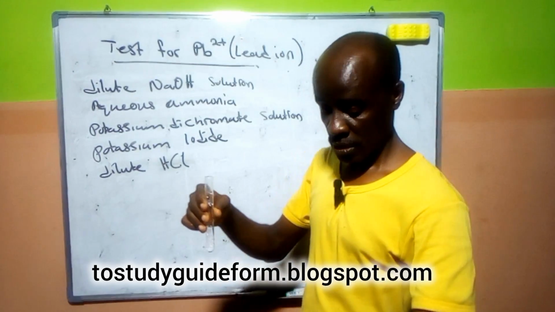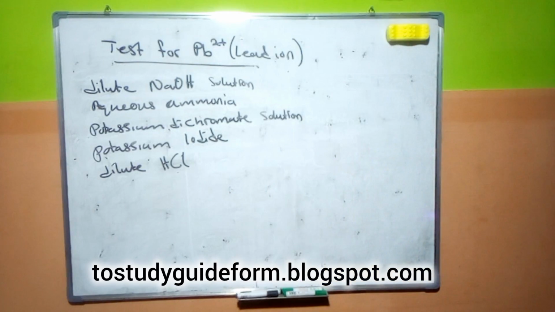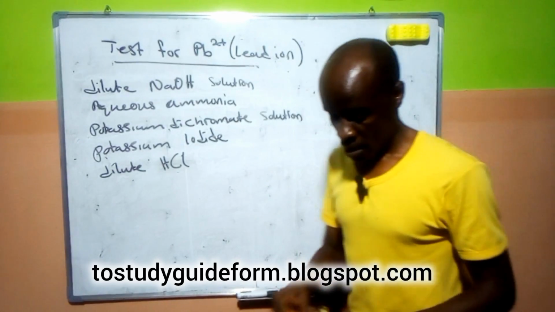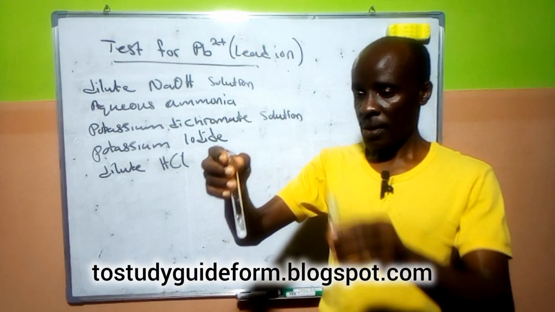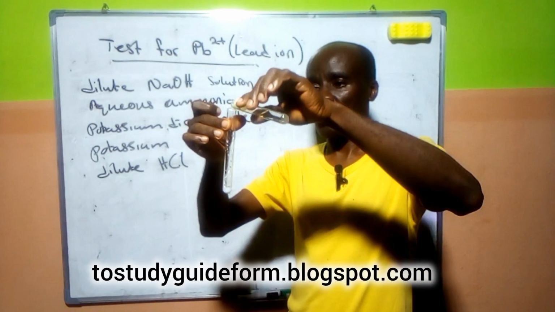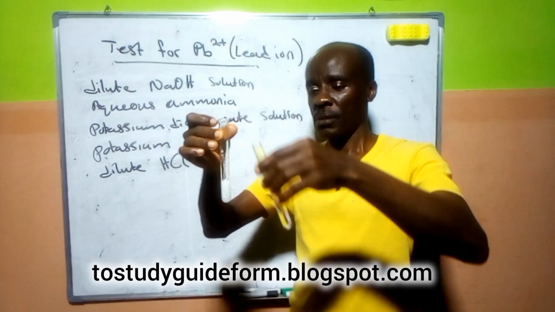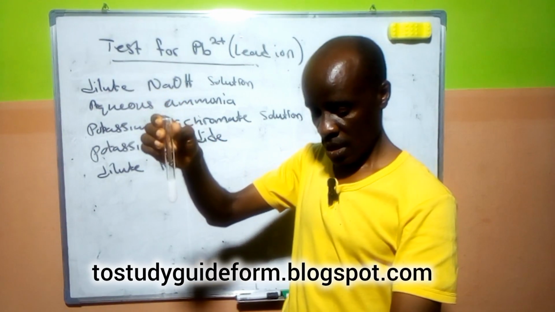Oh, let me get some more. So this is our lead ion solution. We add more aqueous ammonia. Notice that the precipitate remains.